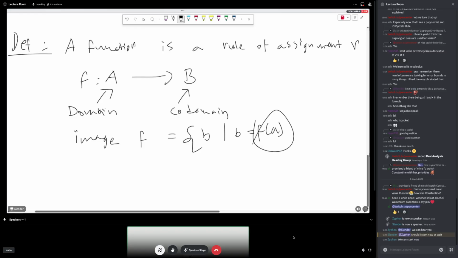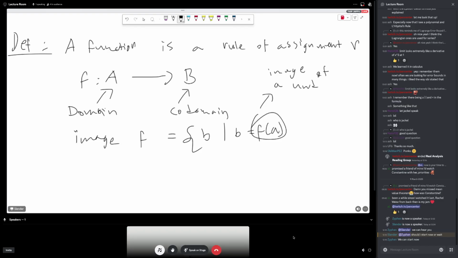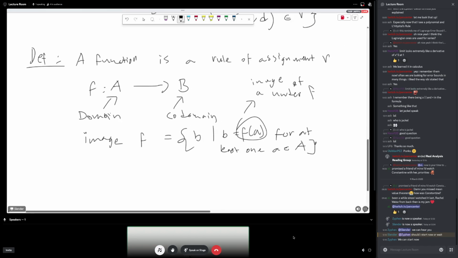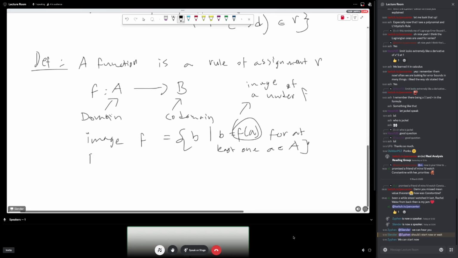This we call the image of a under f, so it's essentially applying the function, for at least one little a in the domain. The image of the function is also sometimes called the range, so you can think of these two things as the same thing here.